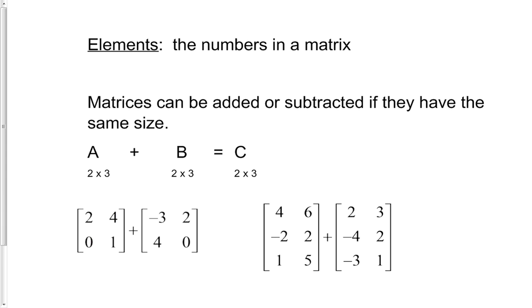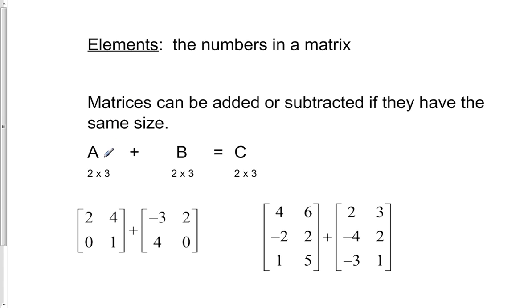Your next definition is the word element. The elements are the actual numbers in a matrix. 2, 4, those are numbers in a matrix. Those are elements.